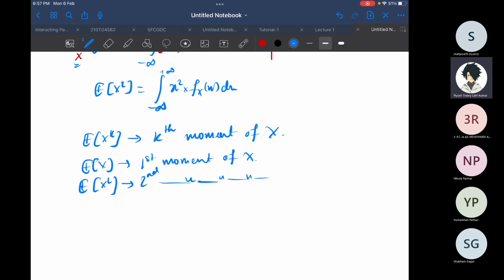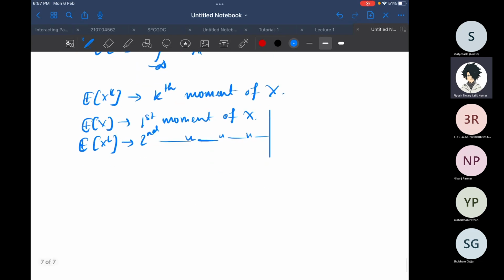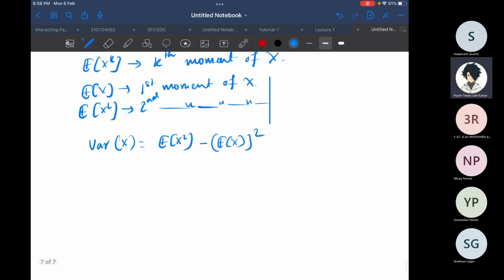Generally, people remember the first and second moment. There is something called variance. Variance of x is nothing but the second moment, which is the expected value of x square, minus the square of the first moment. So this is the first moment, you take the square of it. This is the variance of a random variable. These are just formulas.